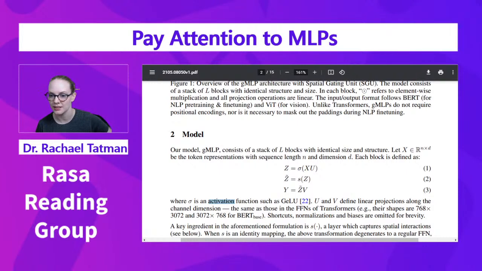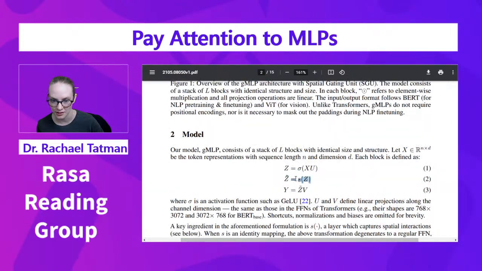And X is the token representations. So this is the token representations. This is the matrix, half of it, along the channel dimension. And then to take the output of that sort of like basic feed forward, and then they do their gated attention. No, all of that happens inside of here.